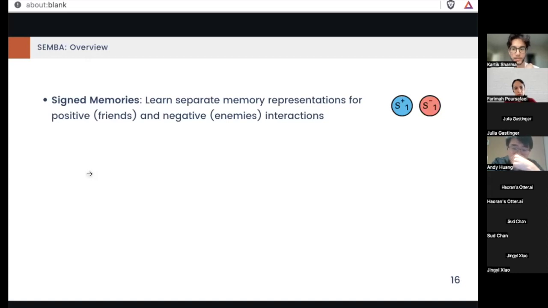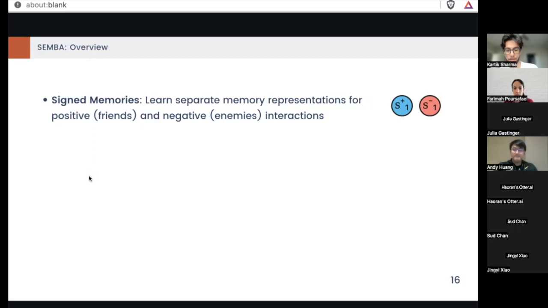Signed memories basically means that we learn separate memory representations for positive and negative interactions, which is basically friends and enemies. This is inspired by what was just discussed with respect to signed GCN, where we also learned two different representations for friends and enemies. But those representations were directly embeddings. Here we would learn the memories.